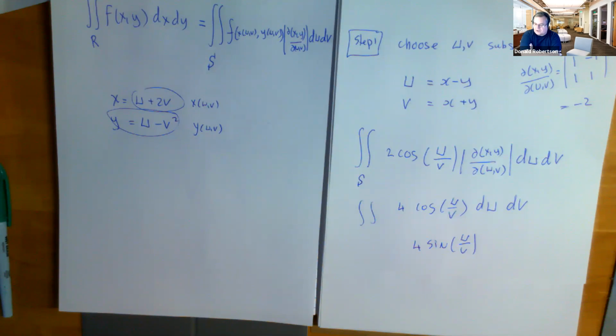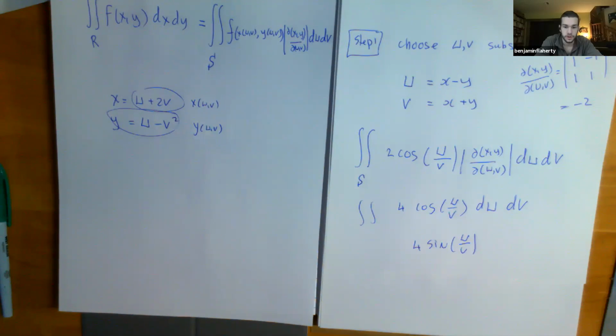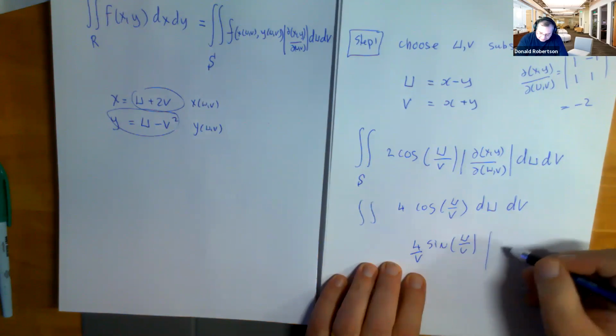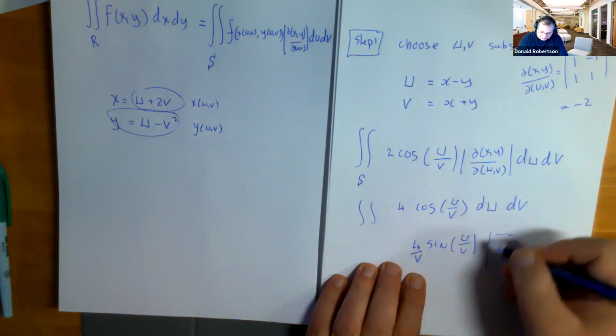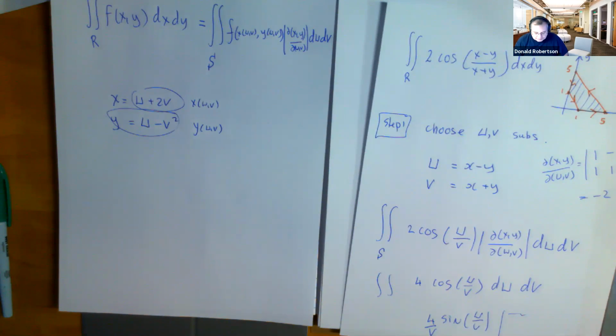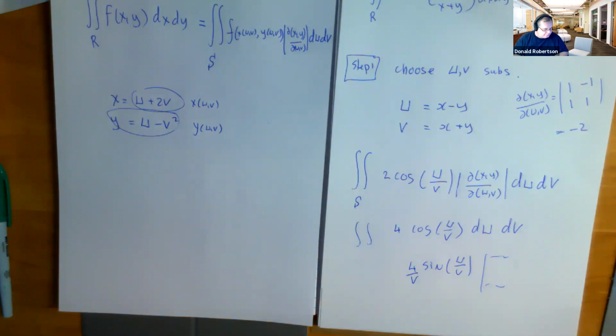You do. Times what? 1 over v, right? And then you plug in whatever the things are and see what that turns into. But time has kind of overtaken us, so we'll have to look at that on another day.